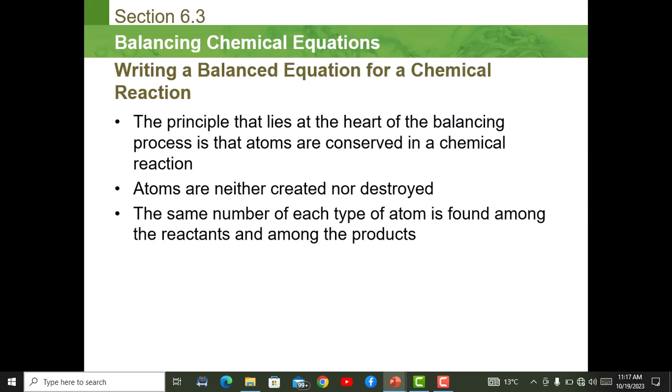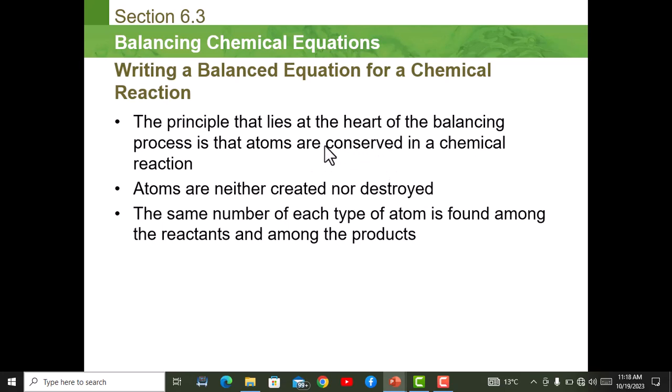Okay, we continue writing a balanced equation for a chemical reaction. The principle that lies at the heart of balancing the process is that atoms are conserved in a chemical reaction. That is just to say, the atoms before the reaction have to be equal to the atoms after the reaction.